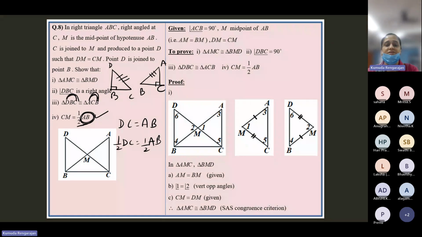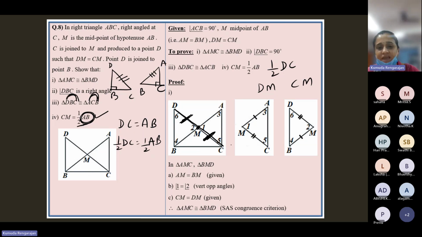Now what is half of DC? This is DC. And it is given that DM is equal to MC in the question. So that means M is the midpoint of DC.